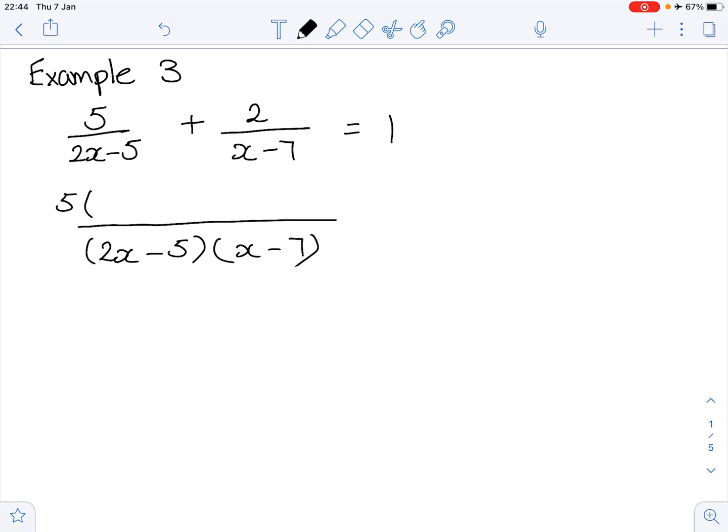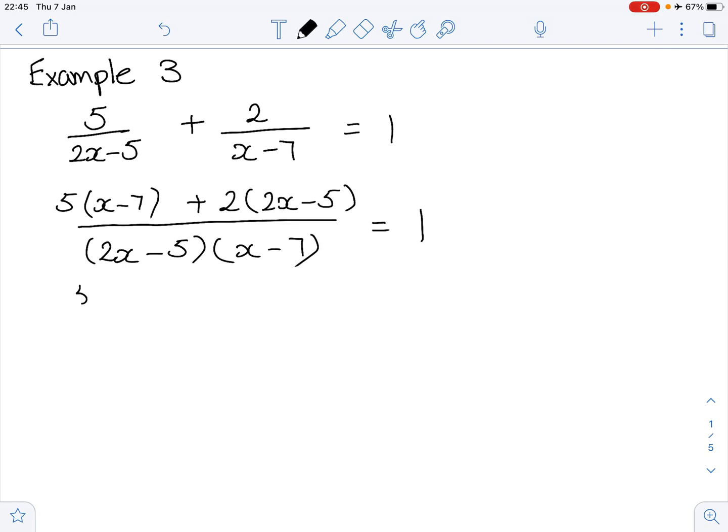So 5, we times the bottom by x minus 7, so our numerator also needs to be multiplied by x minus 7. Plus, since we multiplied the second denominator by 2x minus 5, our numerator needs to multiply by 2x minus 5, and it equals 1.